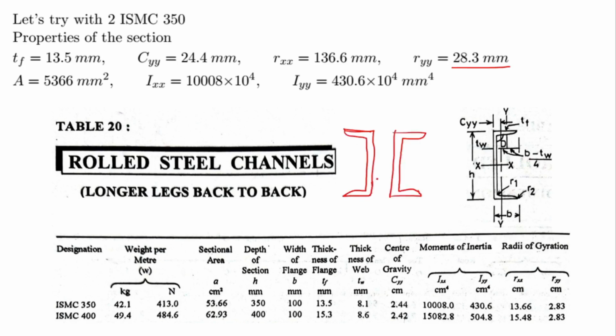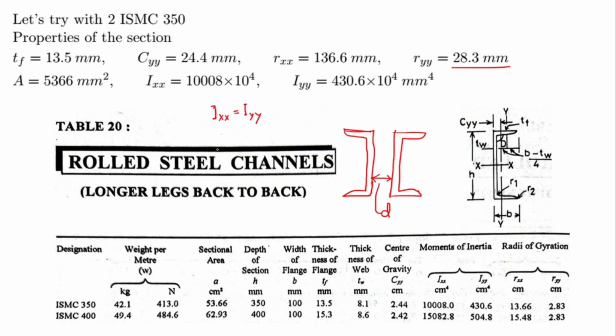When I place two channels back to back, I have to calculate this distance, by how much distance the channels will be apart from each other. I have to calculate this distance in such a way that Ixx will be equal to Iyy.